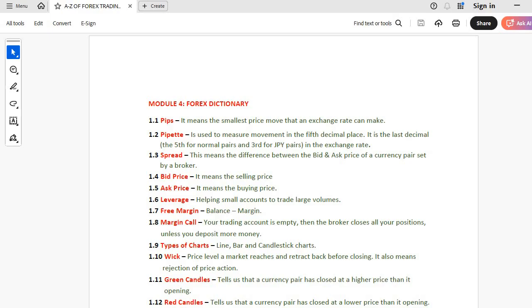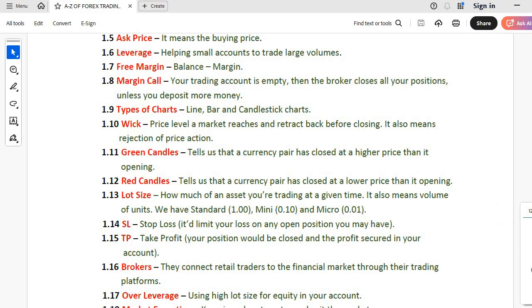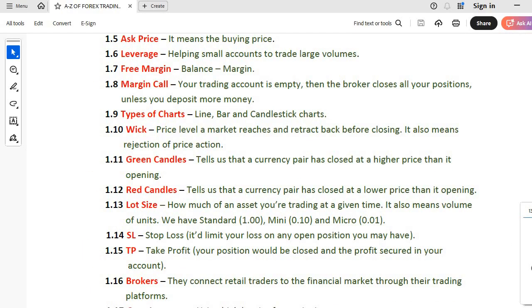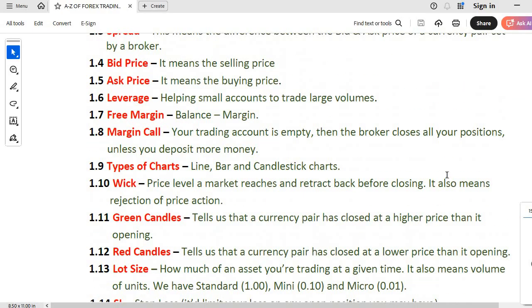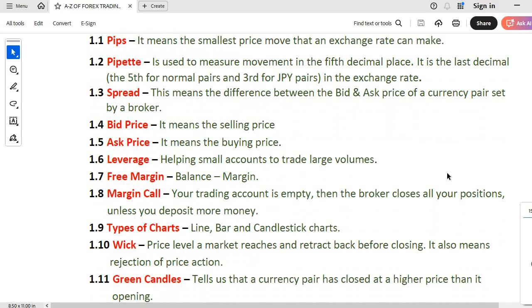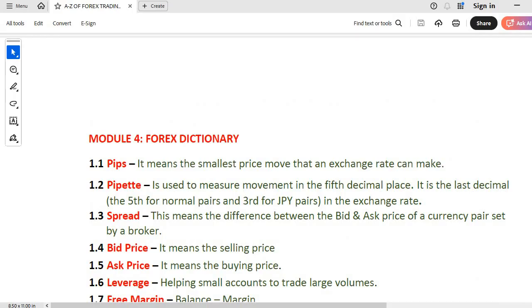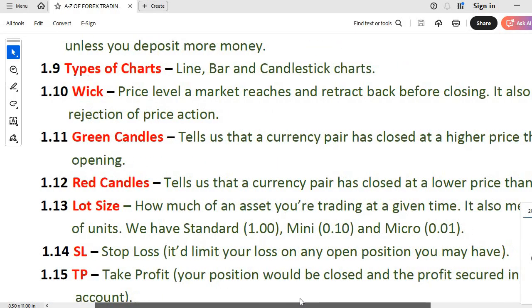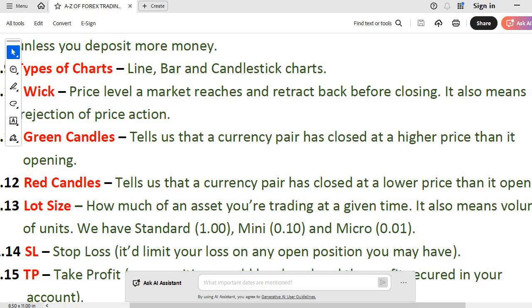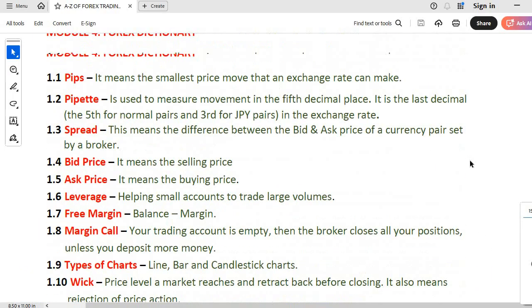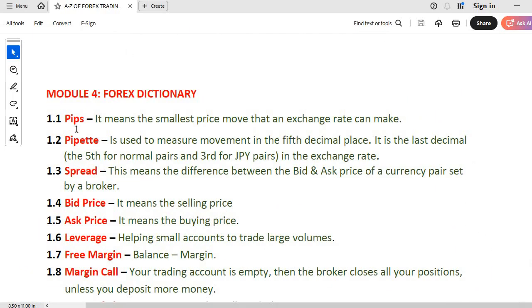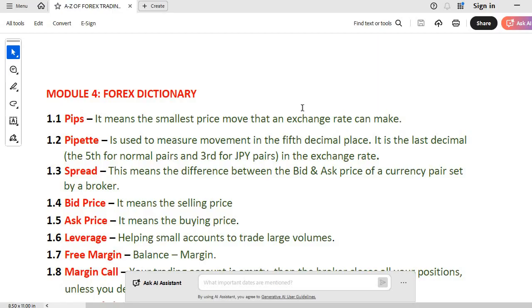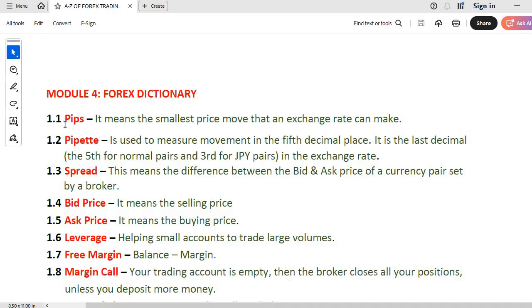So these are Forex dictionary. They are just terminologies that I'm going to be explaining to you. Number 1, we have pips. I don't want to go into the calculation now. We have pips and we have pipettes.